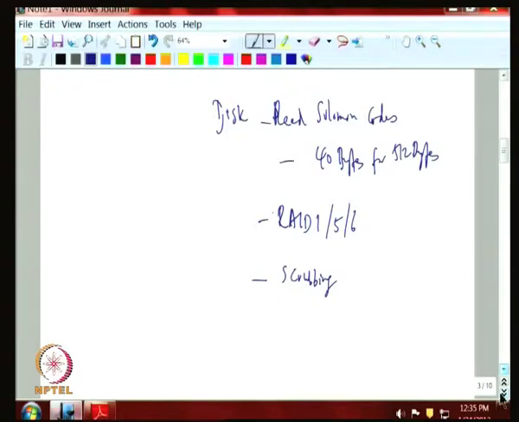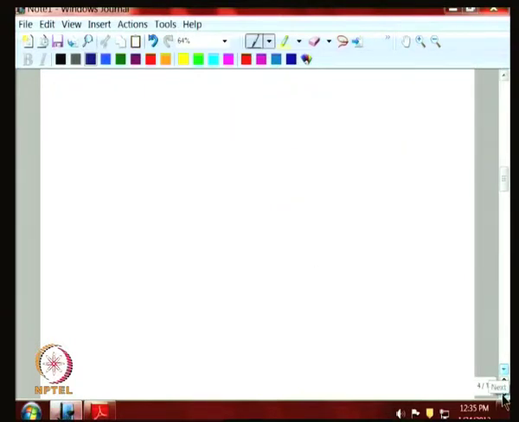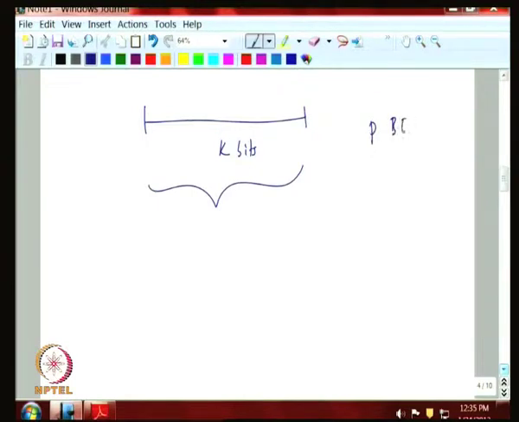Suppose I have k bits, and there is a bit error rate of p. That means any bit has a probability p of being bad. The question is, if I send k bits, what is the probability that the packet is damaged somewhere?